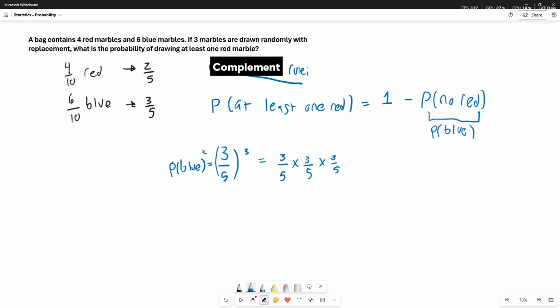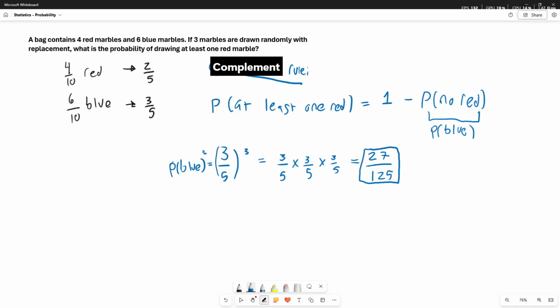So 3 times 3 is 9, times 3 is 27. 5 times 5 is 25, times 5 is 125. So this is our complement side. This is the probability of getting blue 3 times.